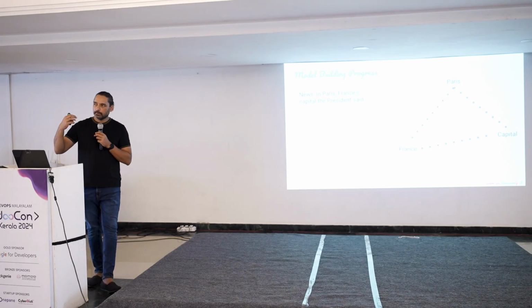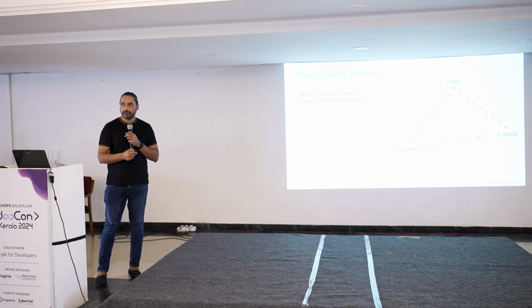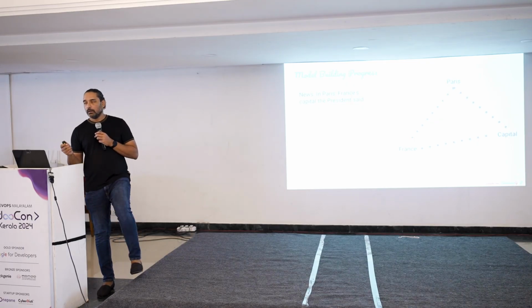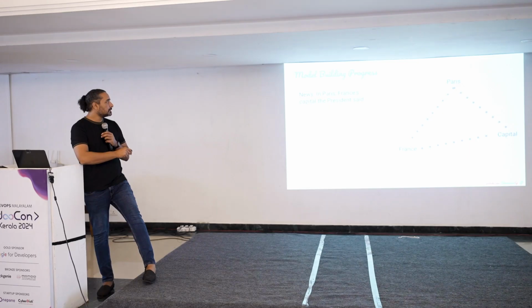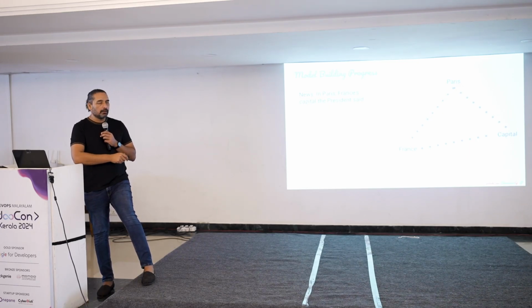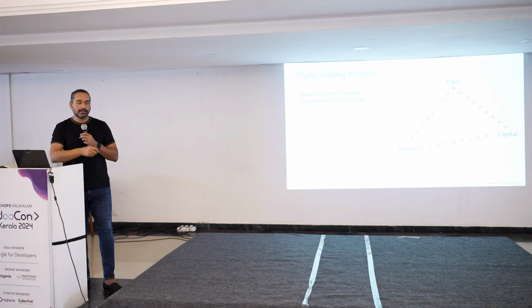The first time the algorithm reads a sentence like "In Paris, France's capital, the president said," the words France, capital and Paris appear fairly close by, so you increase the weights among them. In the previous one, 0 weight. Now you're adding 0.1, 0.1, 0.1. So you say there is some connection between the words Paris, France and capital.